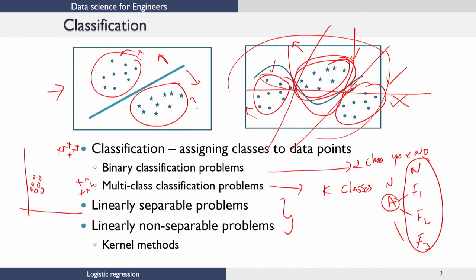It is slightly different from the binary classification problem, because there we needed only one decision function, and based on that one decision function we could say whether a point belongs to class 1 or class 2. In multi-class problems you could come up with more decision functions, and more decision functions would mean more hyperplanes, and then you can use some logic after that to identify a data point as belonging to a particular class.